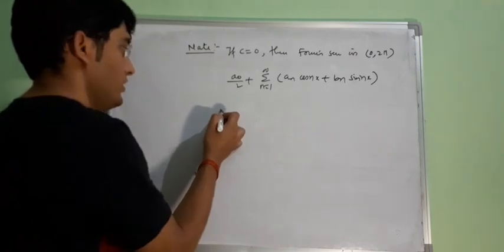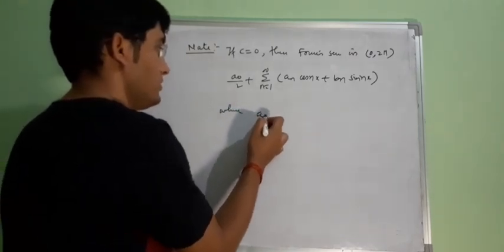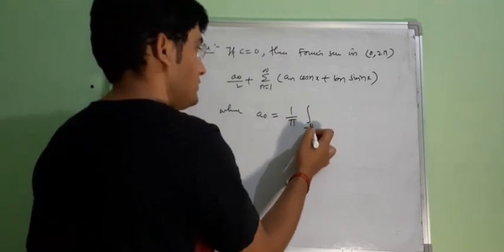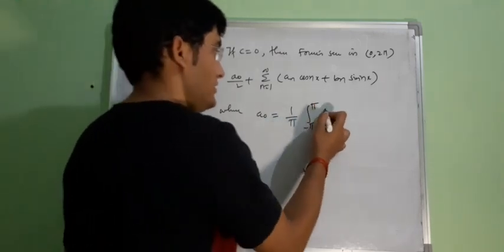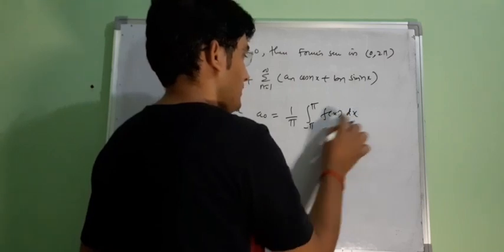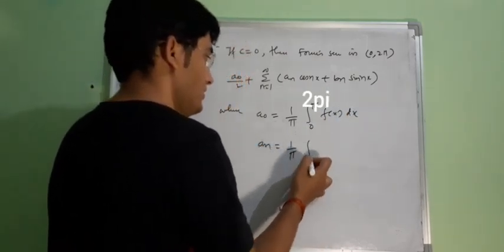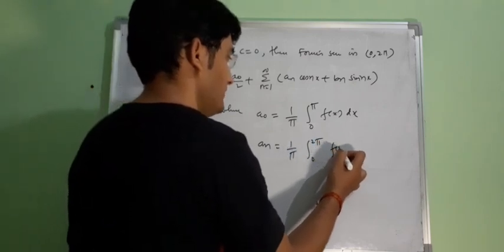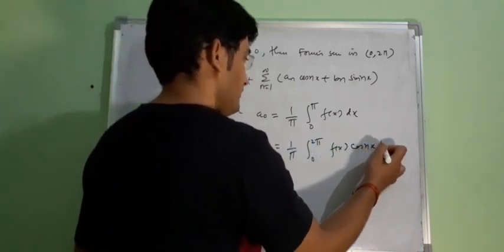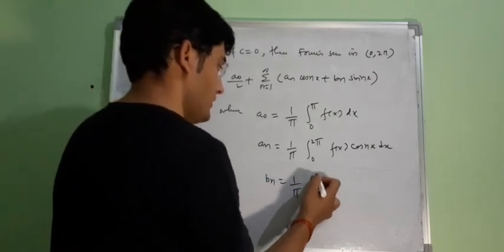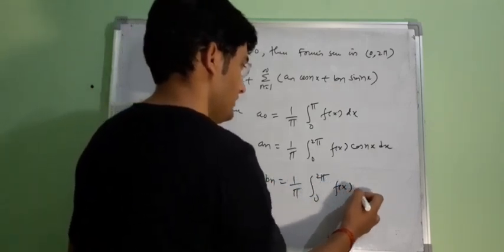Where our a0 will be 1 upon pi, integral 0 to 2 pi f(x) dx, and an will be 1 upon pi, integral 0 to 2 pi f(x) cos nx dx, and bn will be 1 upon pi, integral 0 to 2 pi f(x) sin nx dx.